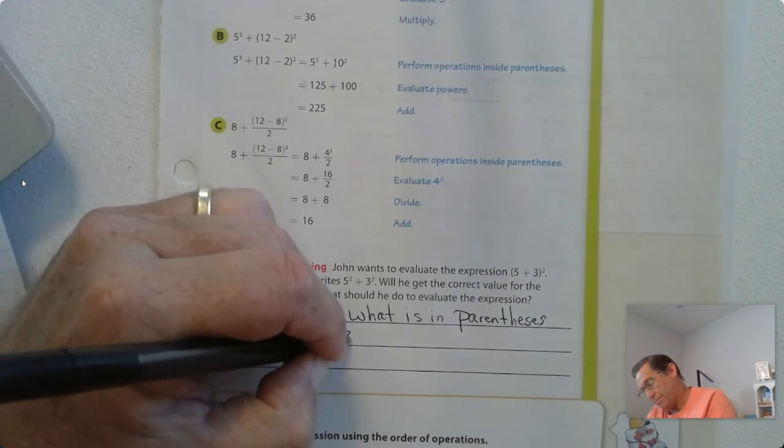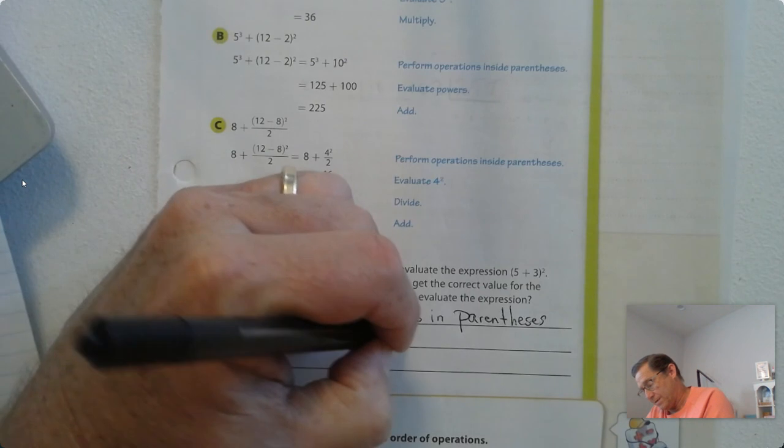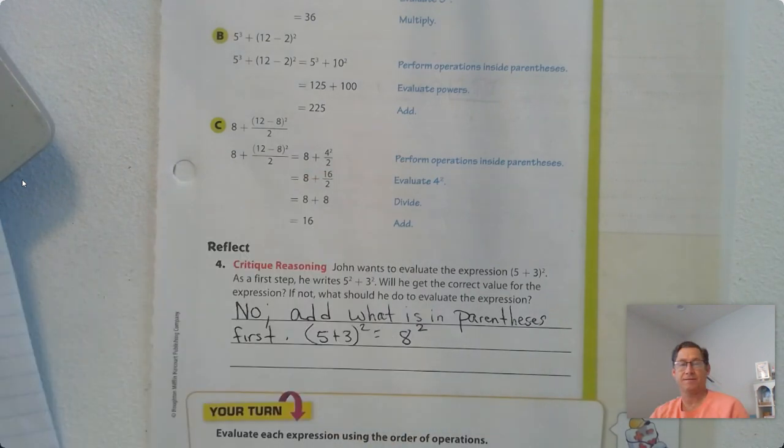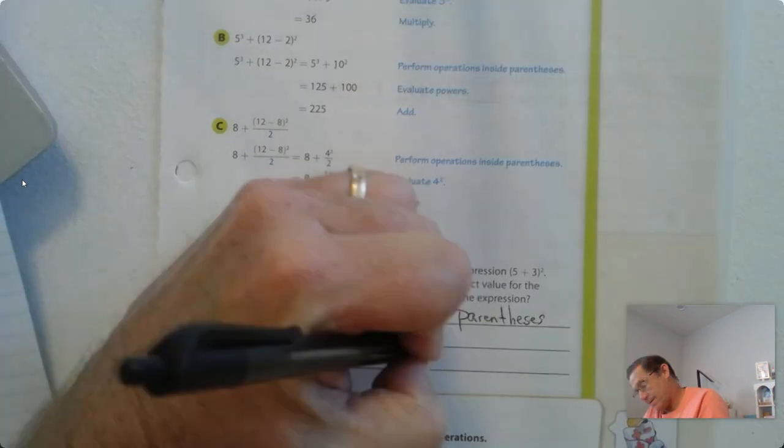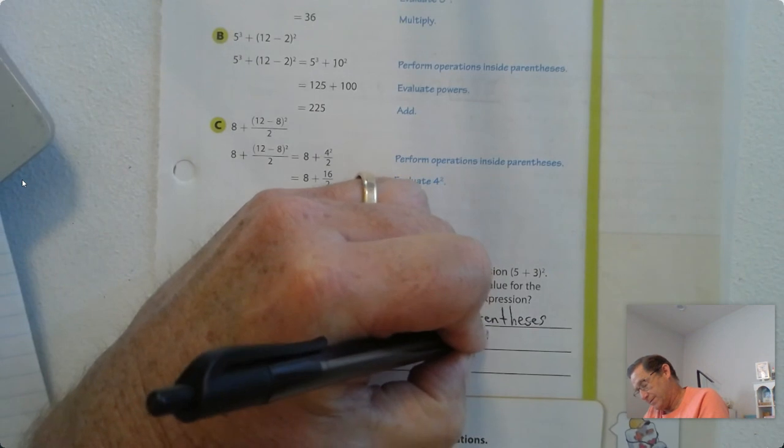So 5 plus 3 squared equals 8 squared. Which equals 64.